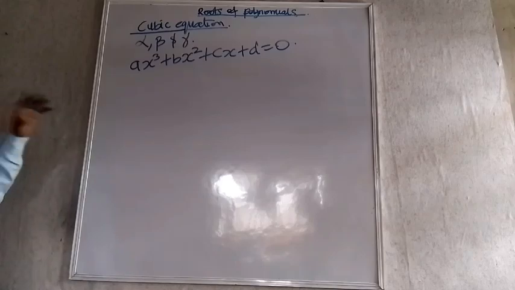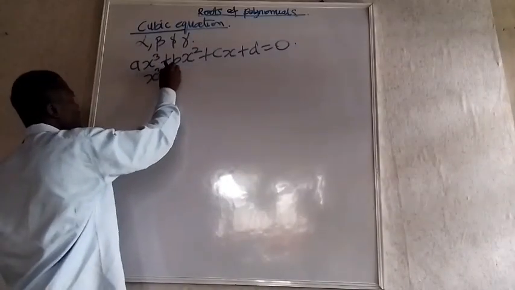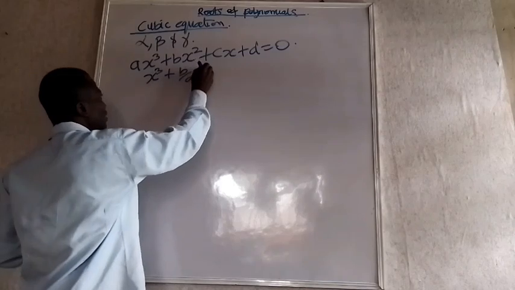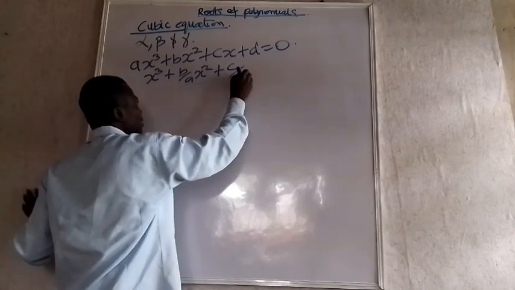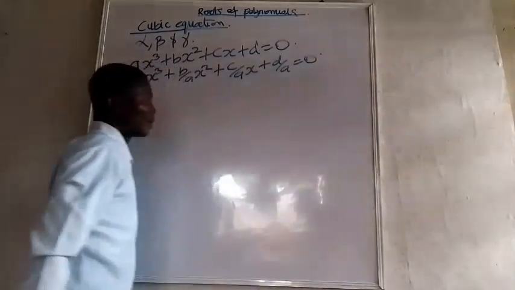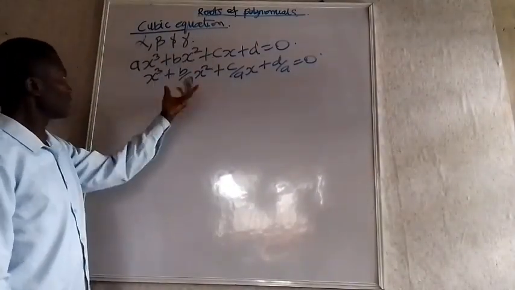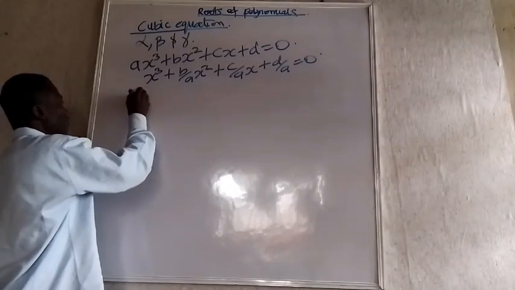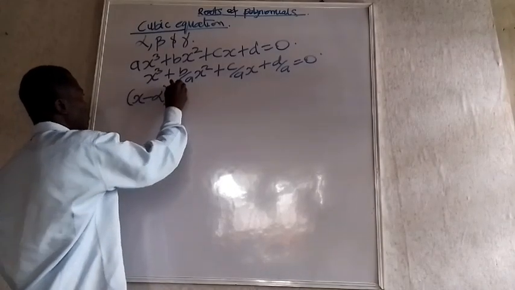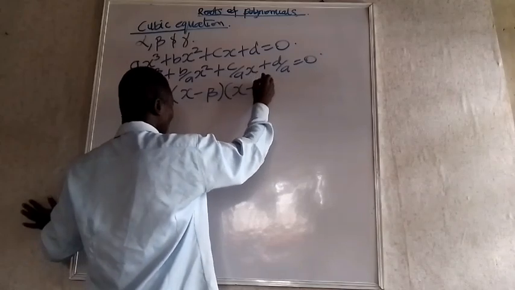Now, we can also express this as x cubed plus b over a x squared plus c over a x plus d over a is equal to 0. Now, let us see how this is formed by multiplying x minus alpha by x minus beta by x minus gamma.